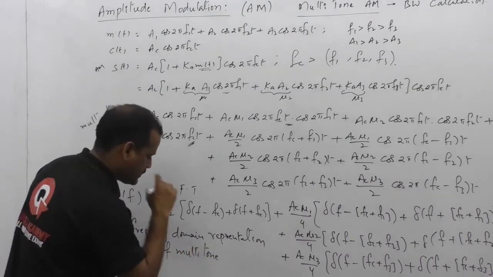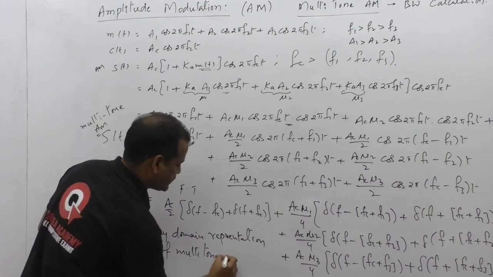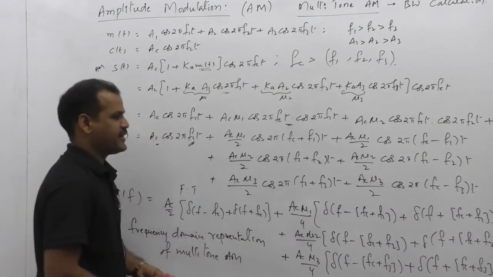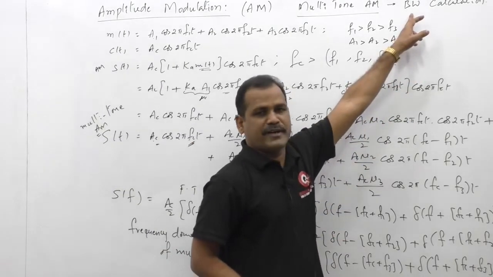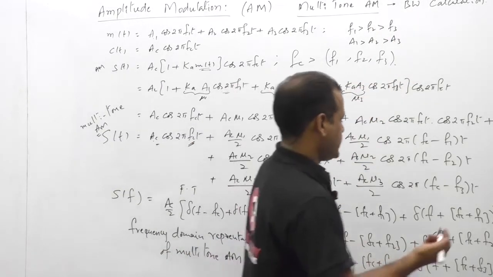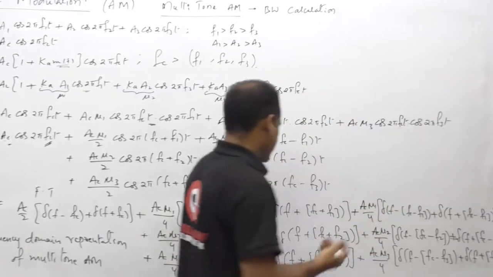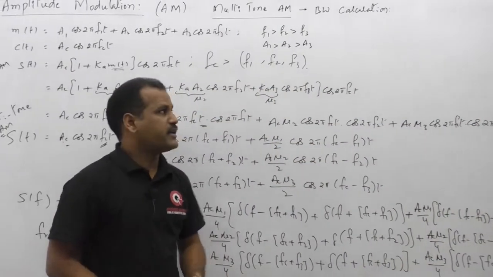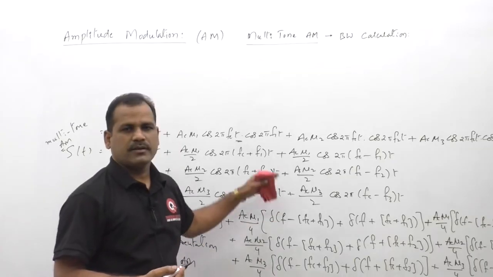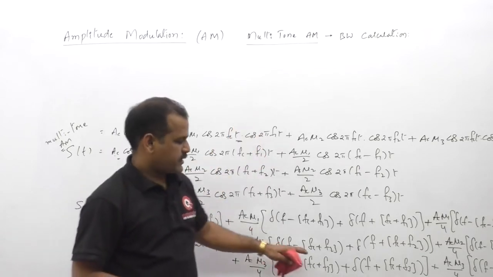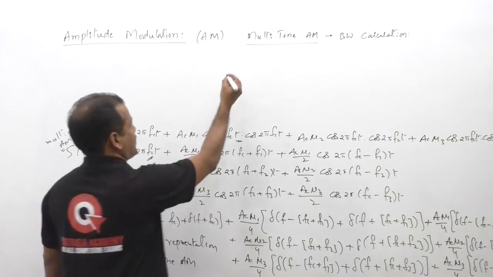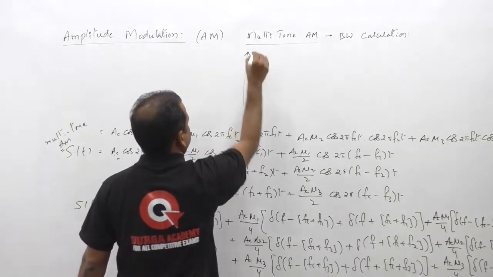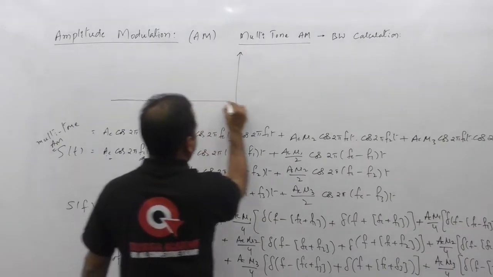If we take the graphical representation for this multitone AM, we can find the bandwidth for that multitone AM. So let us plot the spectrum for this multitone AM and then calculate the bandwidth. Let me erase this content. I am plotting this spectrum in the frequency domain.